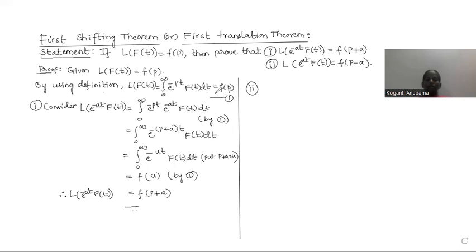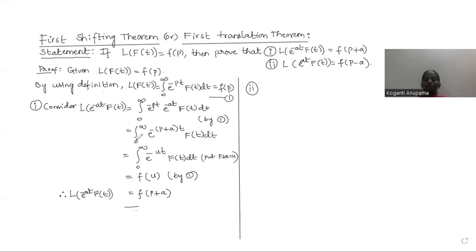And using equation 1, in place of f of t, we should write e power minus at f of t. So, the right side becomes the integral from 0 to infinity of e power minus pt as it is, and in place of f of t, we write e power minus at f of t dt.